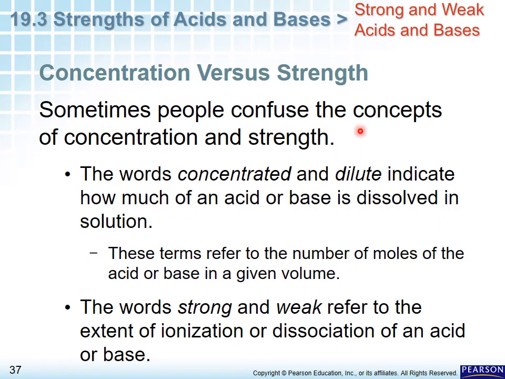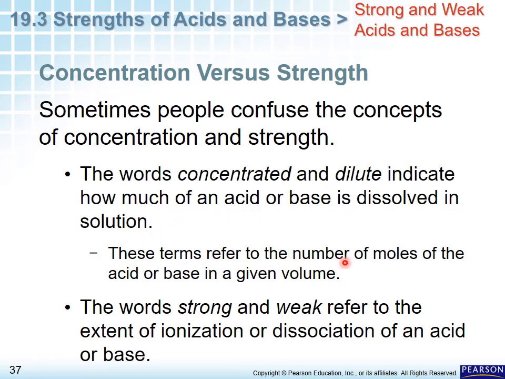Sometimes people confuse the concept of concentration and strength. So what is concentration and what is strength? The words concentrated or dilute indicate how much of an acid or base is dissolved in solution. The amount of solute is concentration, if you remember, we discussed in class.